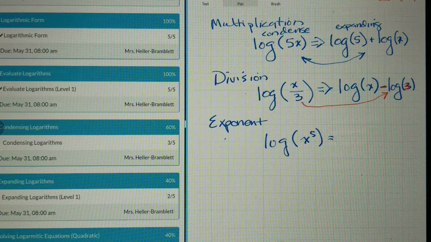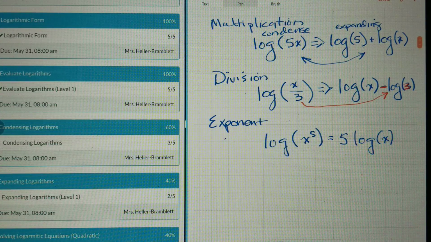I did them backwards. Remember, when we have an exponent of an exponent, we use multiplication. So in this case, we just take that 5 that's right here and we put it right out in front of the log. And it goes the opposite direction. All right, let's do a couple of problems.